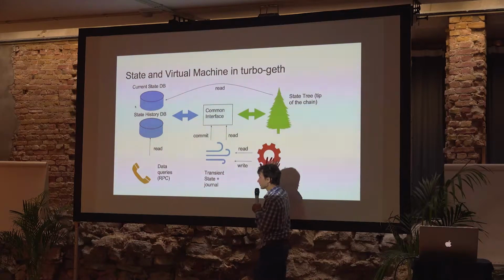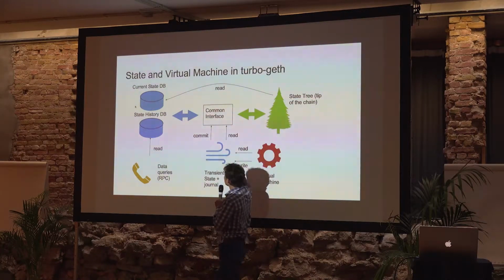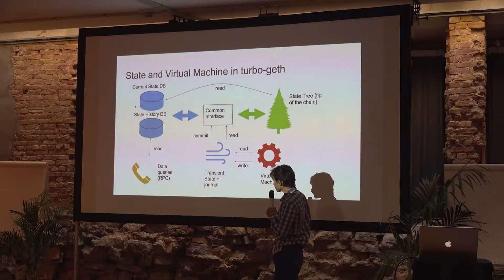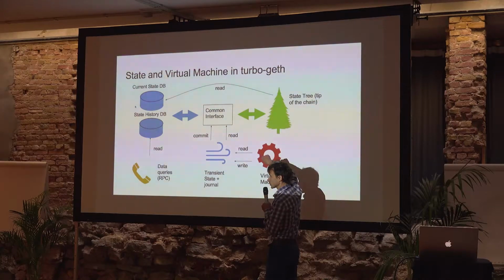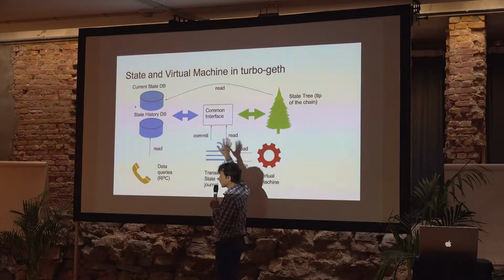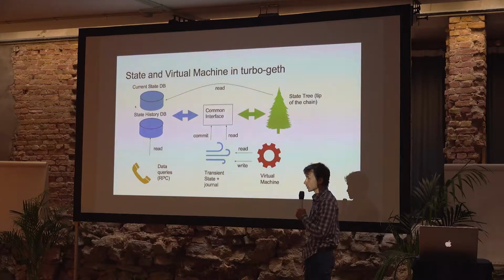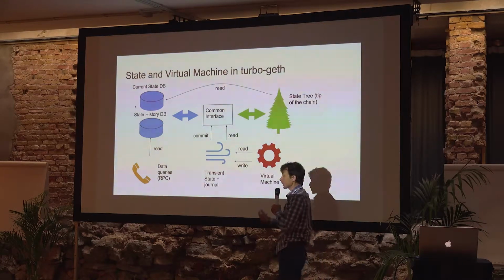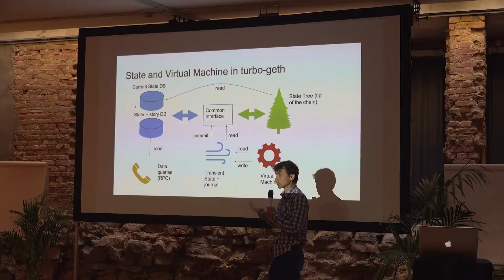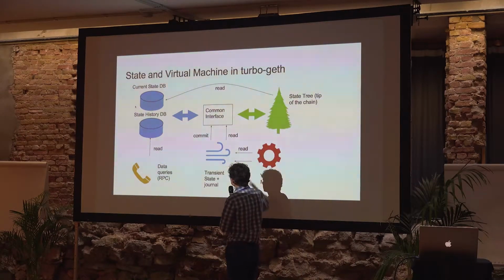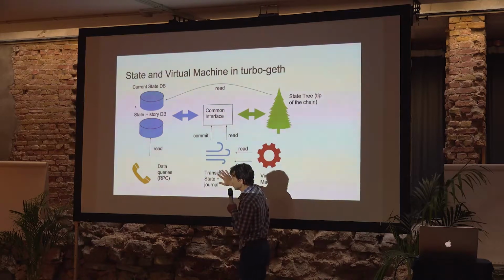So the EVM has a transient state, but what is different is that when you commit at the end of the block, instead of writing to the database through the Patricia tree, I have a common interface which doesn't care whether it's a database or a Patricia tree. So you can write to one, to the other, or to both with the same call. And I try to separate them as much as possible.